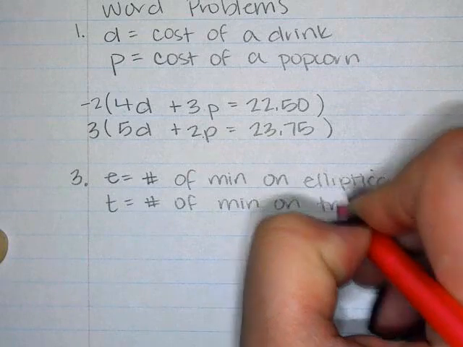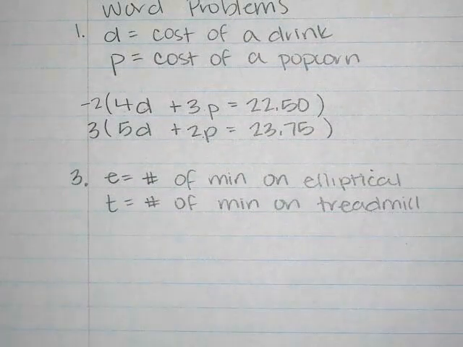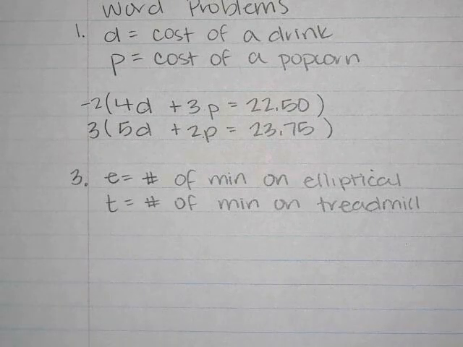Okay, and then if you look at the problem and these types of questions, there's usually 2 sets of information that they'll give you. In this problem, the 2 sets are calories burned and time. So that's what our 2 equations are going to be based around: the time that you spend exercising and the amount of calories that you burn while you do so.